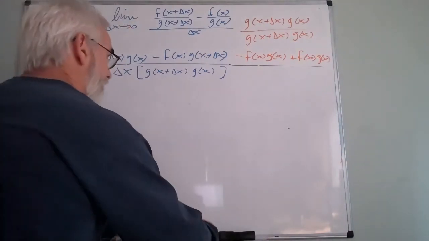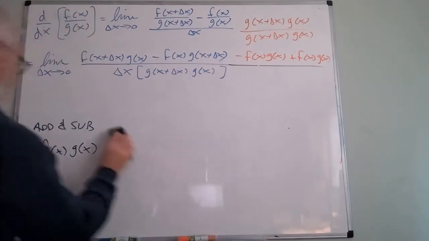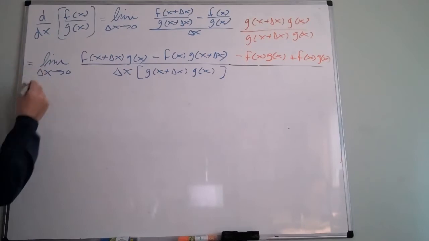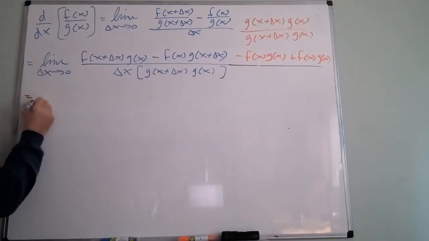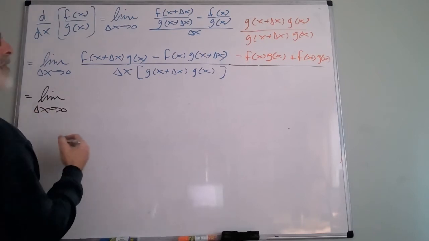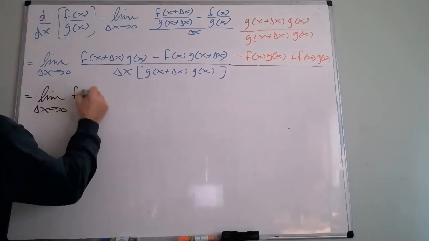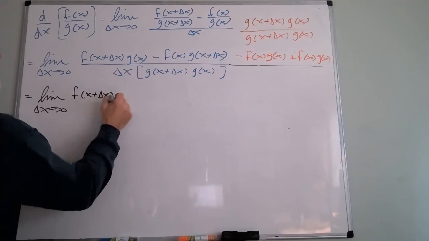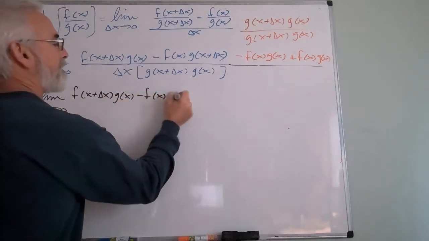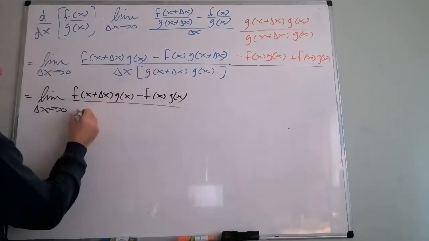So when I do that, now when I pull it apart, I'm going to have the limit as delta x goes to 0 of f of x plus delta x g of x minus f of x g of x over this nasty denominator.